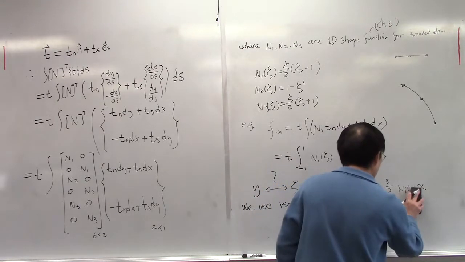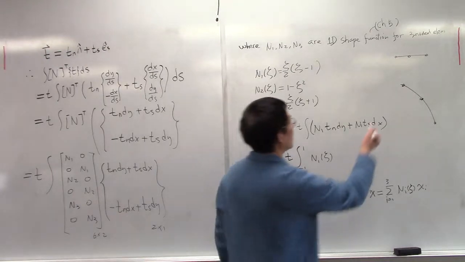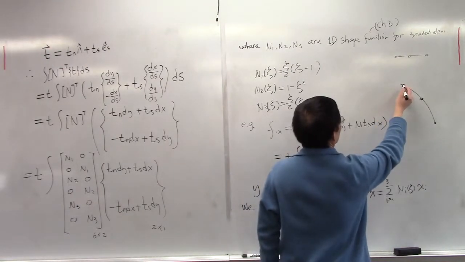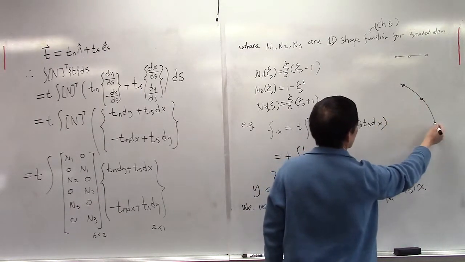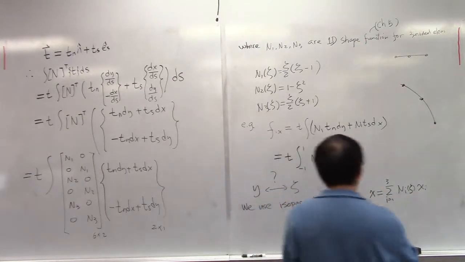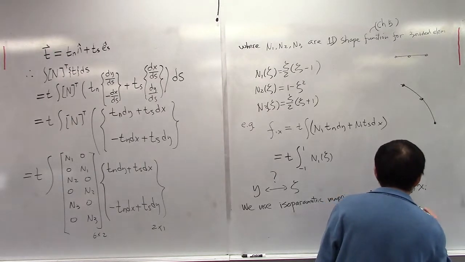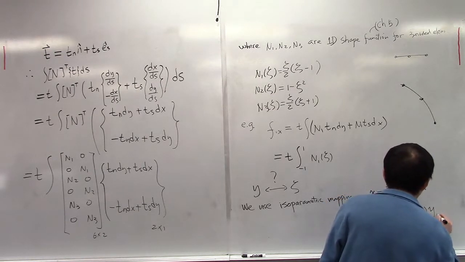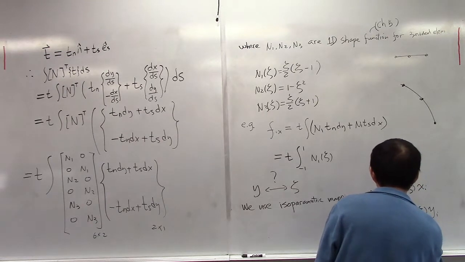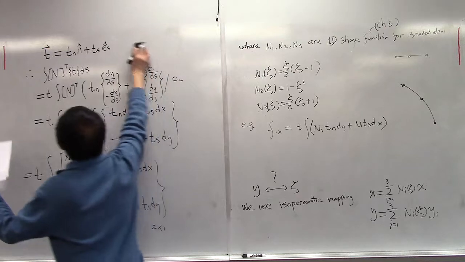And here I should really write it as a function of theta. For example, here theta is equal to -1, here is 0, here is 1. In between is like this. And similarly, y is also Ni(theta) yi, I is from 1 to 3. Okay, so let me erase that.